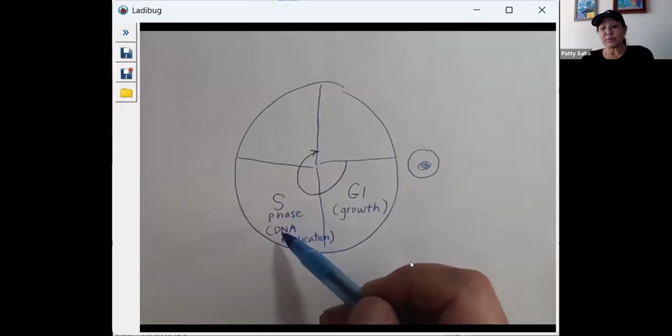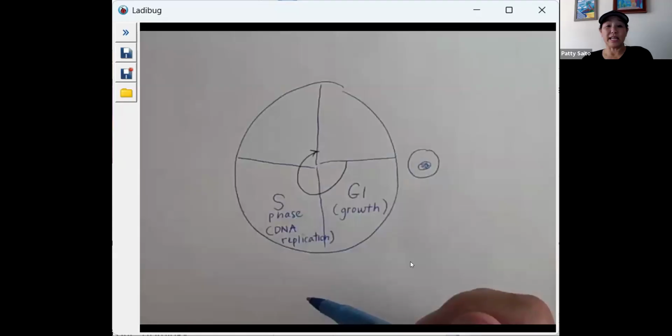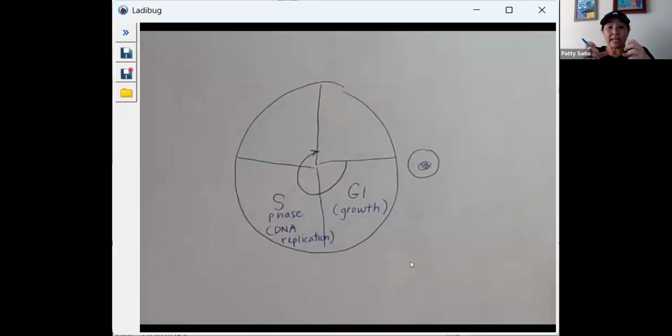So the S phase is we have to make an extra copy of DNA, because if we didn't, whenever the cell divided, it would have to split the DNA into half so that each cell got some DNA. And every time it divided, it would continue to split the amount of DNA in half and half and half until we'd almost have no DNA in the cells that were being divided.